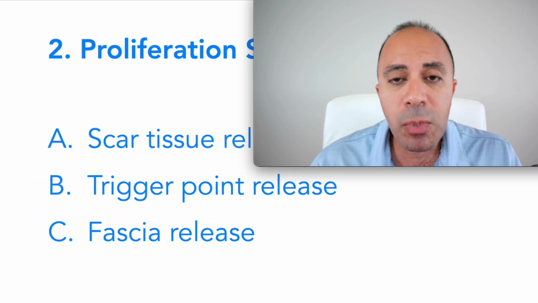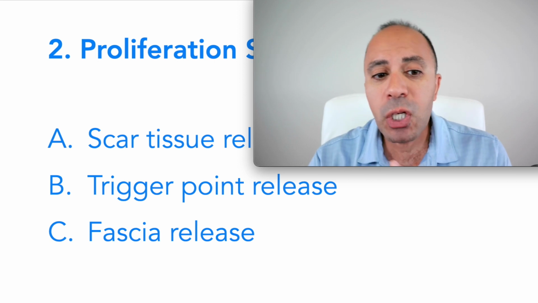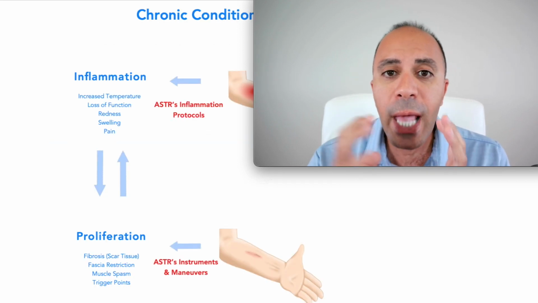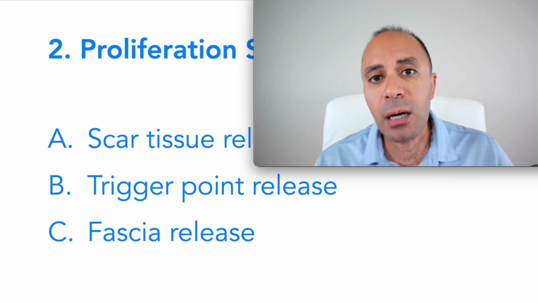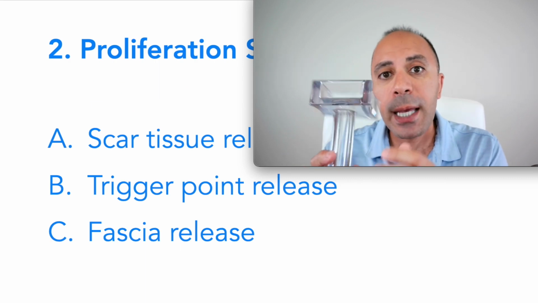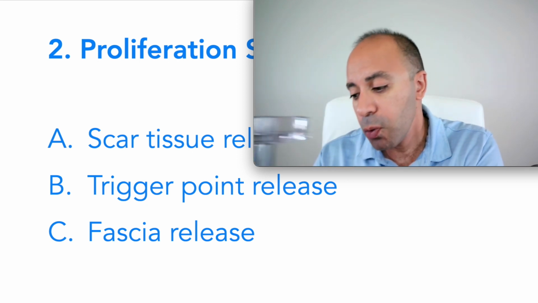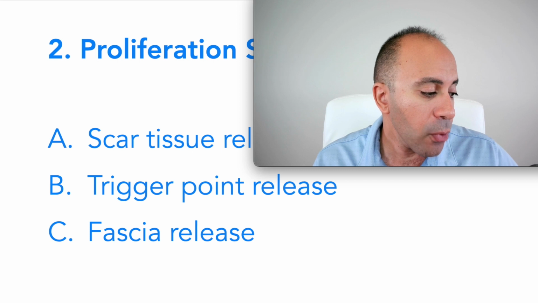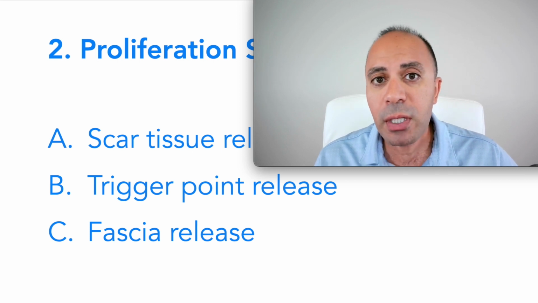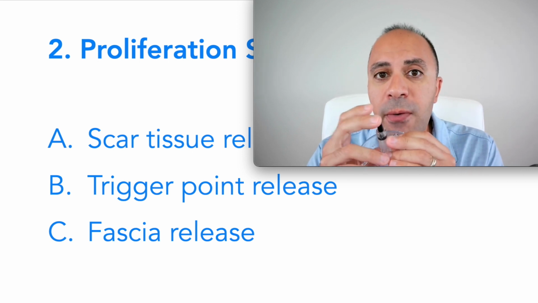So at the same time, while we're addressing the inflammation to break that vicious cycle, we have to work on the proliferation stage. To break the scar tissue, I personally use the A3, which is used to break superficial scar tissue. And for the deep scar tissue, fascia restriction, and trigger point, I use the A5.